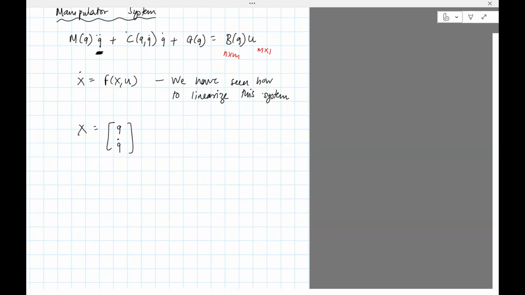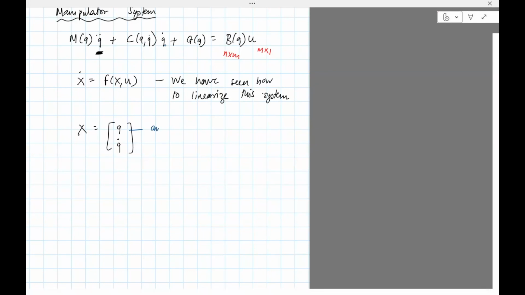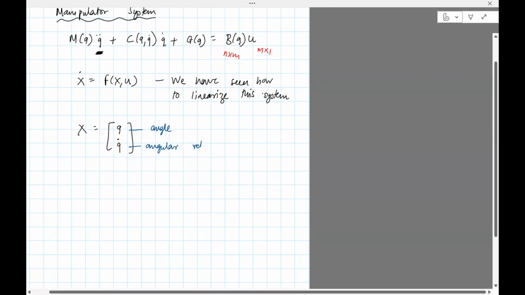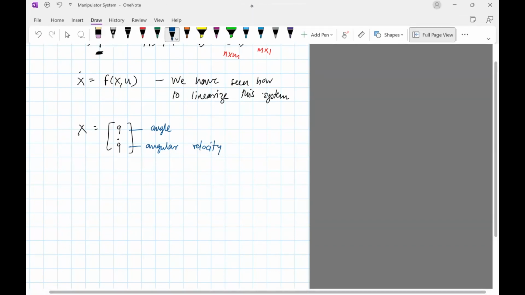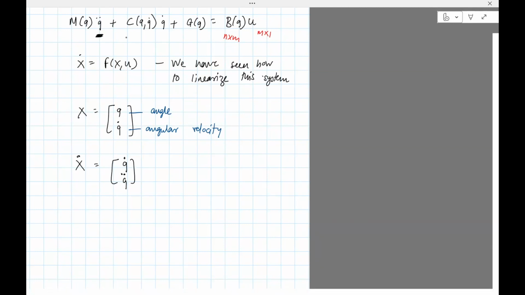So we'll choose x to be q, q dot, where q is the angle and q dot is the angular velocity. Then if you want to compute x dot, that's going to be q dot, q double dot, just the derivative of that.